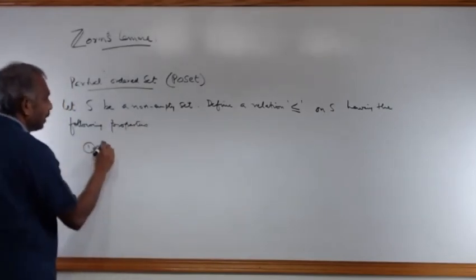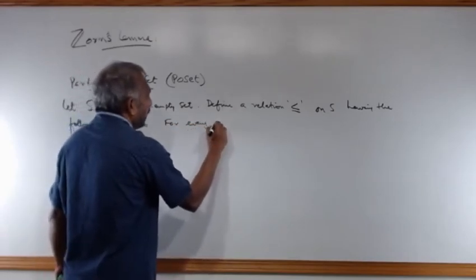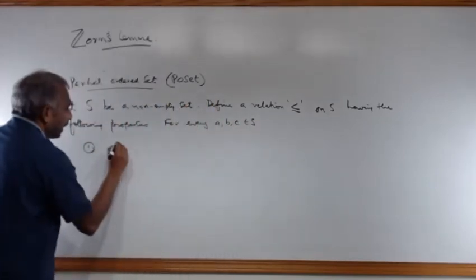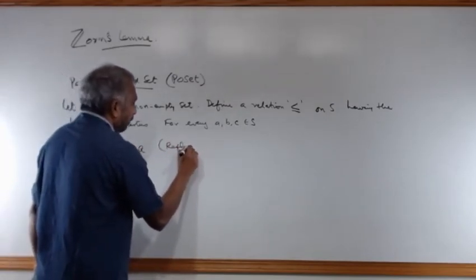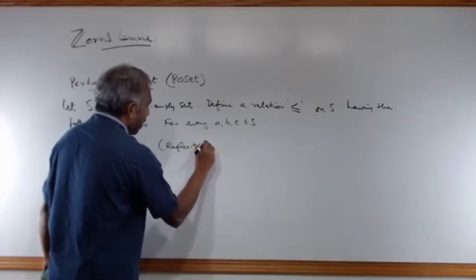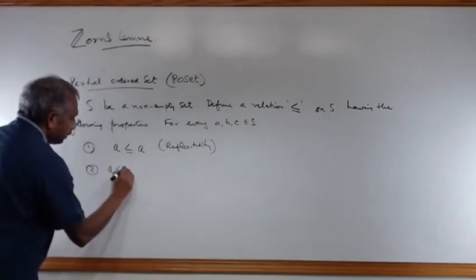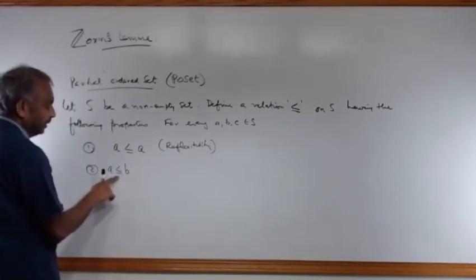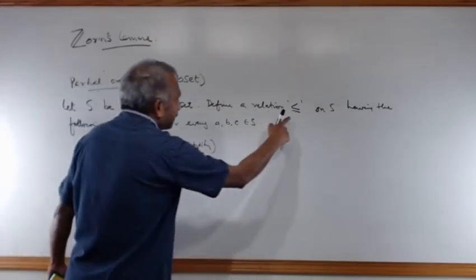One, for every element A in S, A is always related to A. It's called reflexivity. Two, if A is less than or equal to B, we are saying the relation is less than or equal to, it's actually a relation, okay?